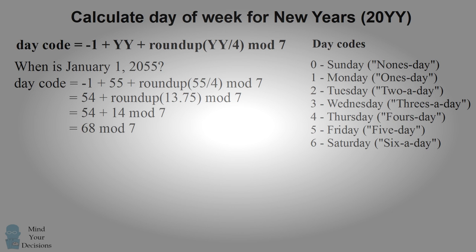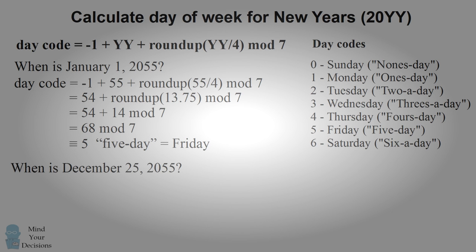We then end up with 68 mod 7. The closest multiple of 7 will be 63. So 68 is 5 more than 63. So we figured out the day code is 5, which means January 1, 2055 will land on day 5, which is Friday.